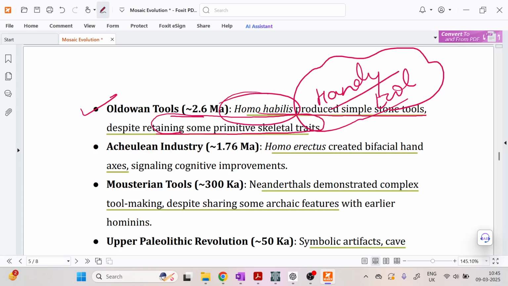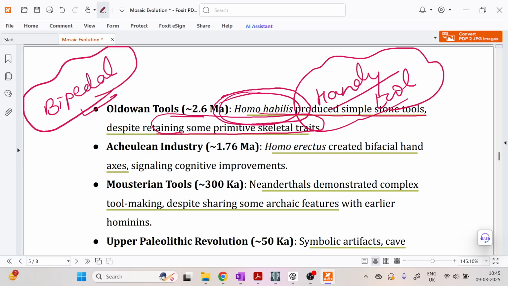So yet Homo habilis was not a complete bipedal or complete erect hominin. So यहाँ पे tool use भी है, but yet complete bipedalism and complete erect posture both are absent.